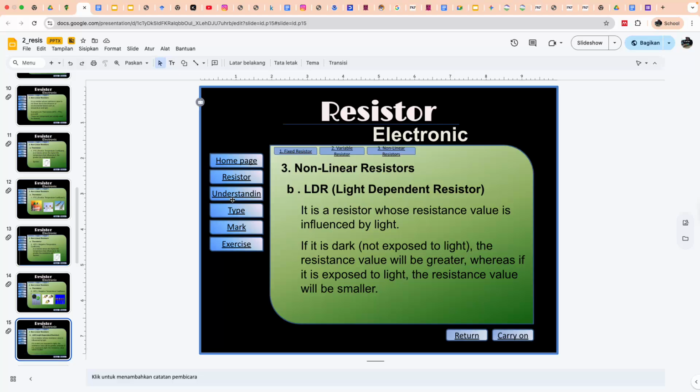A nonlinear resistor example is the light dependent resistor. It is a resistor whose resistance value is influenced by light. If it is dark, not exposed to light, the resistance value will be greater. Whereas if it is exposed to light, the resistance value will be smaller.